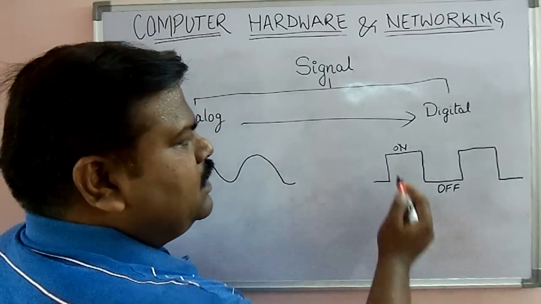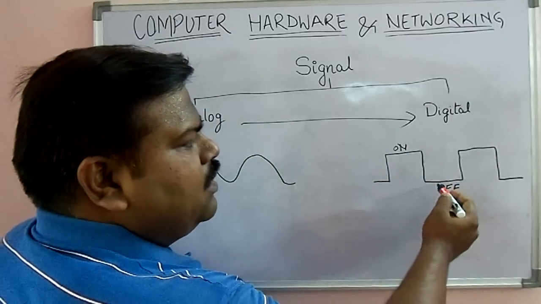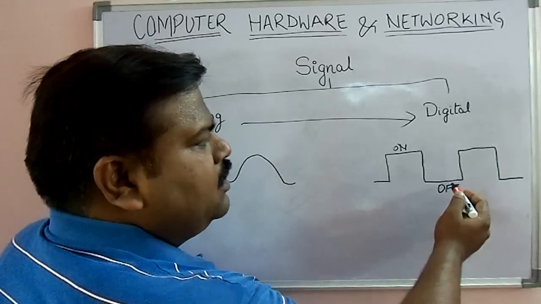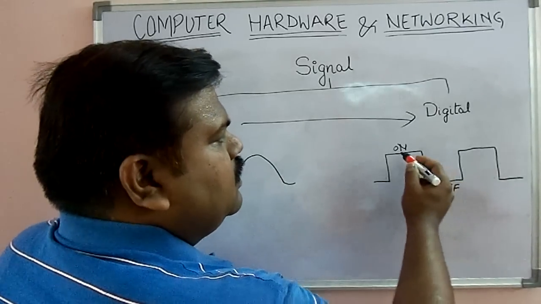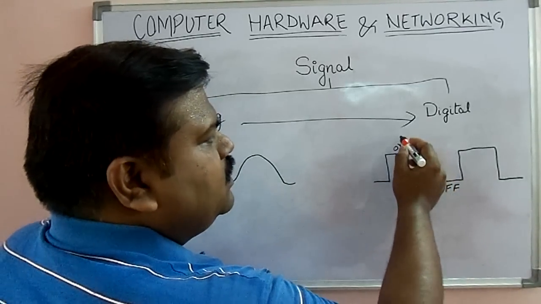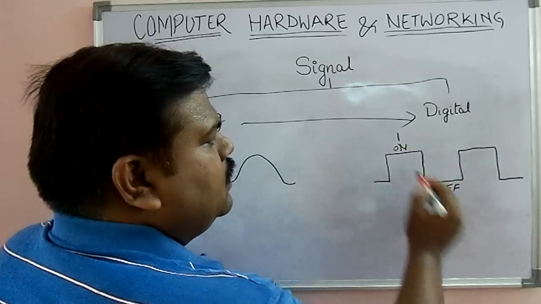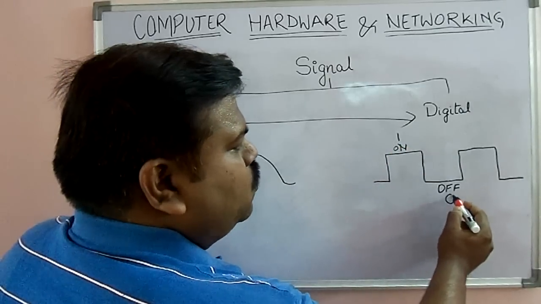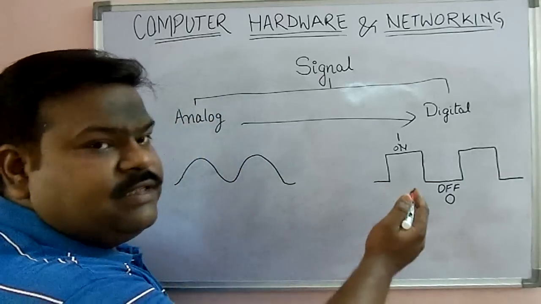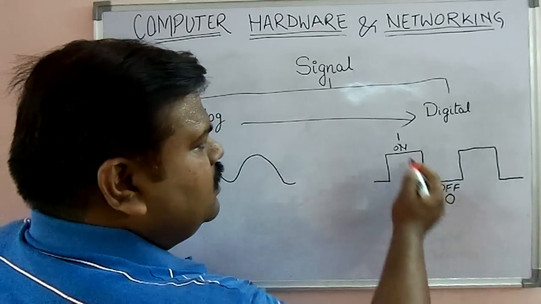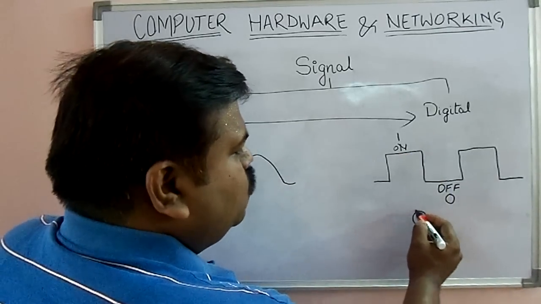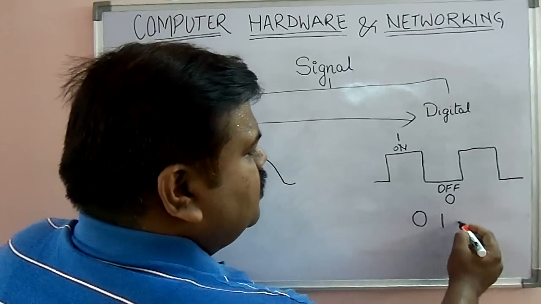Here we get a signal, here we don't get a signal. So we can say the on position is known as 1 and the off position is known as 0. From here itself, this 0 and 1 comes. These are bits.